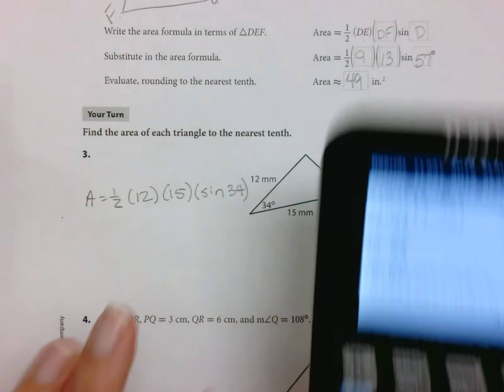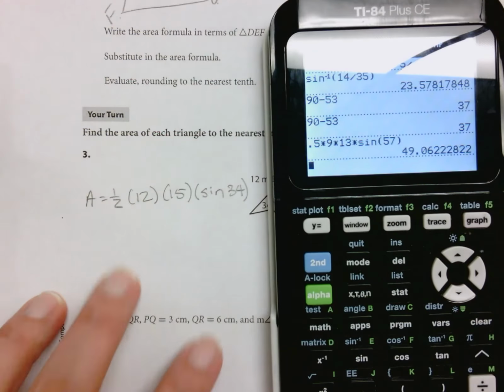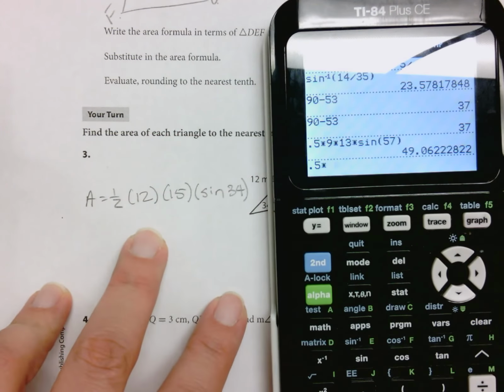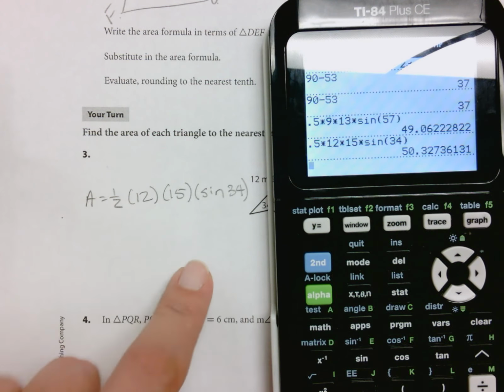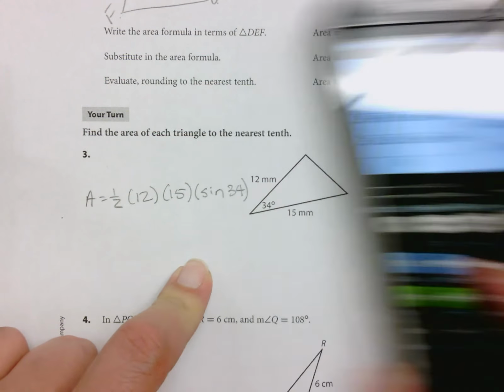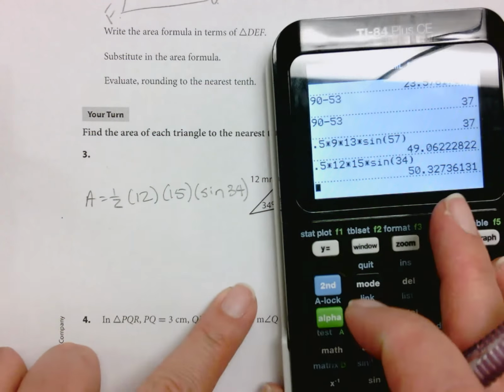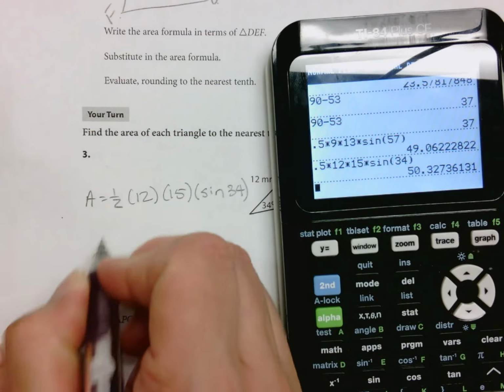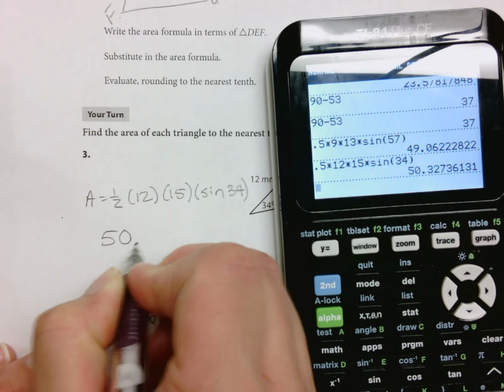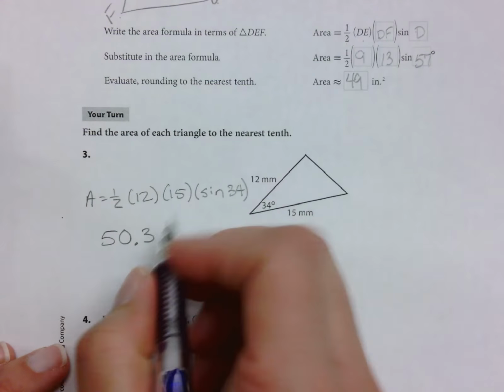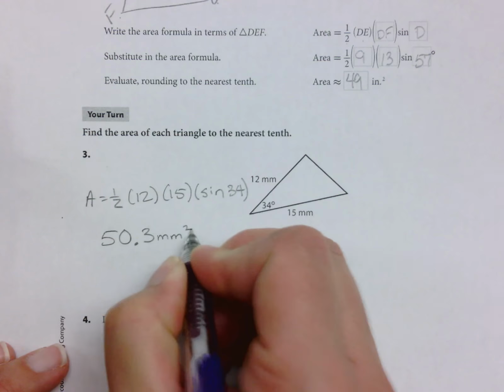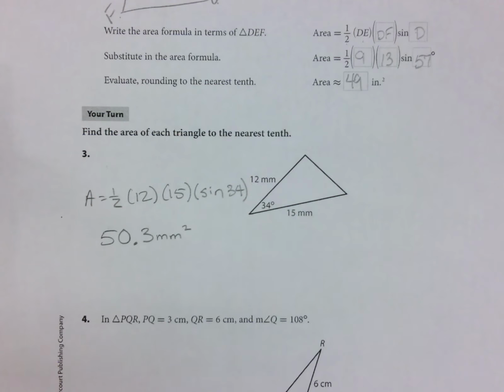It looks really long when you write it out on your paper, but type it into your calculator. We find that the area of that triangle to the nearest tenth, because that's what our directions say, is 50.3, measured in millimeters, and since it's area, those millimeters are squared.